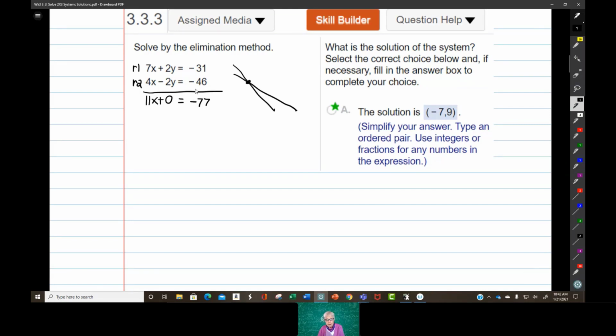That's the rule for addition. All right, 11x plus 0 is 11x. 11x equals negative 77.